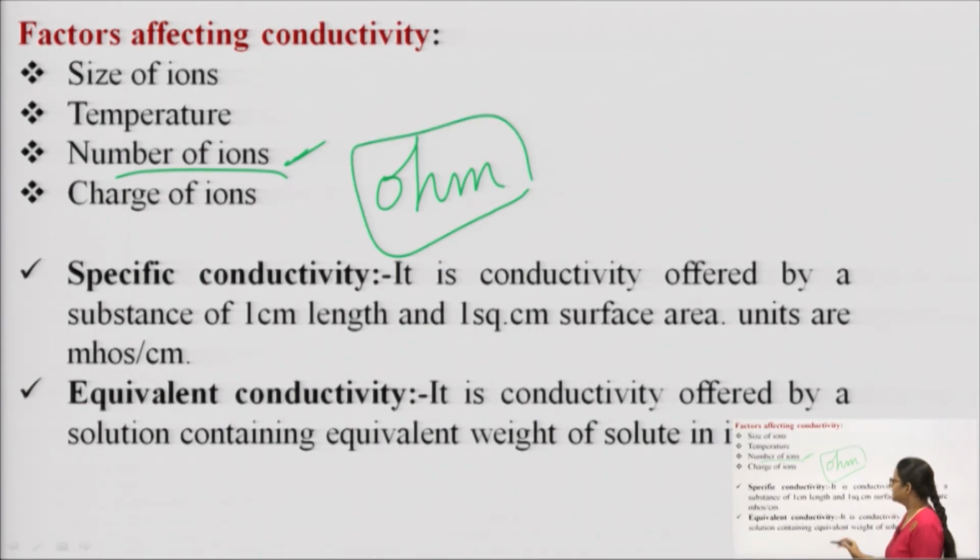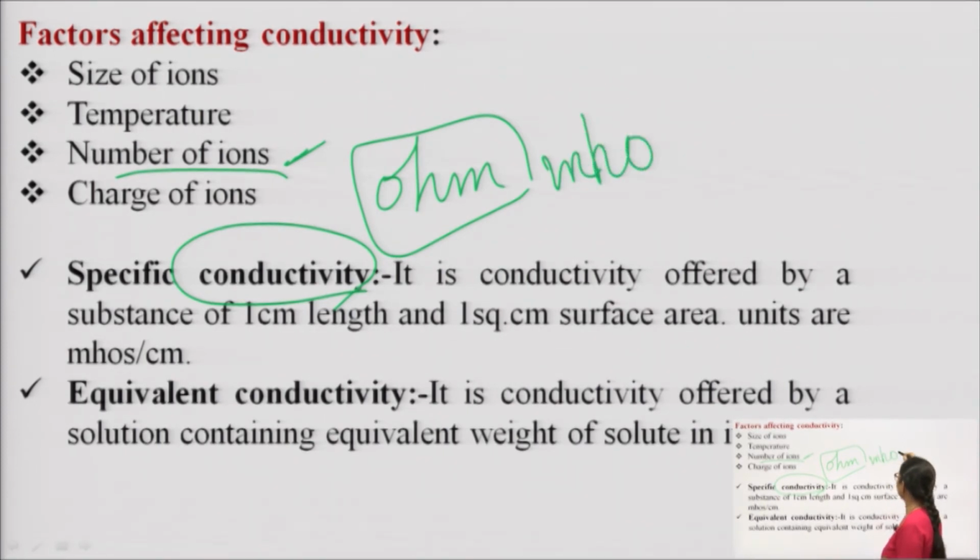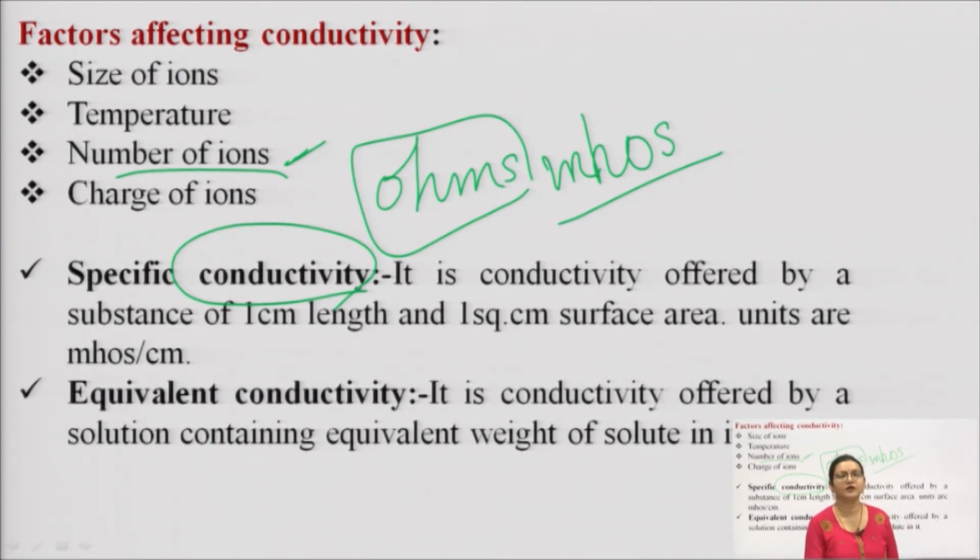That is why conductance has a unit opposite to ohms, that is mhos. So, specific conductivity will have a unit of mhos per centimeter.